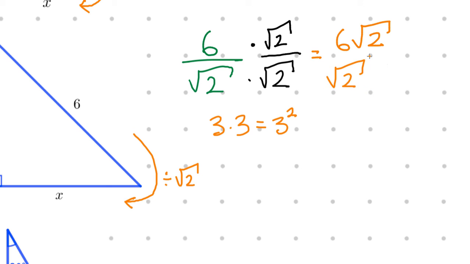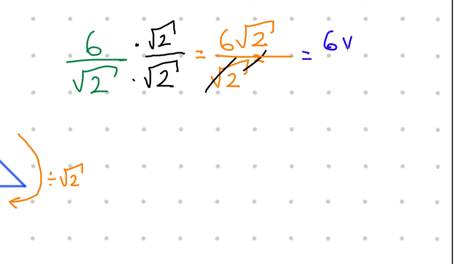Oh, we know what happens when we have a square root and a square. What happens? Quiet, raise hand. Andres. They cancel out. So you can come up here and say, yep, those are gone. Yoink, yoink, gone. And our new fraction is 6 square root of 2 over 2.